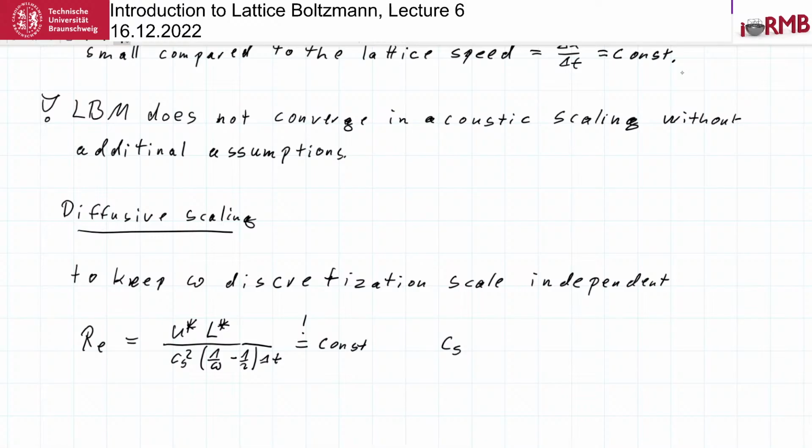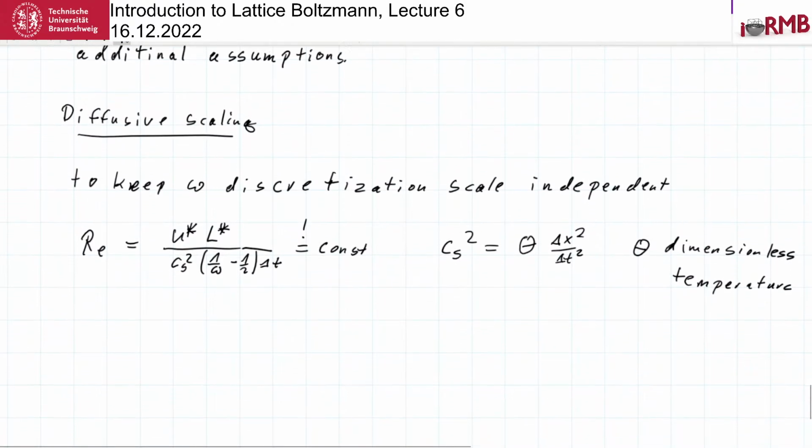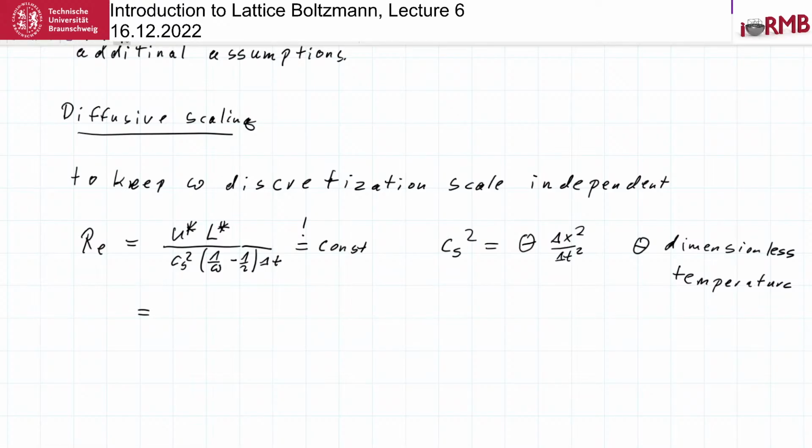Now remember, cs squared is some parameter theta, which we have already derived in a previous lecture, times delta x squared divided by delta t squared, and theta is the dimensionless temperature, which we already know is 1 over 3, but we ignored that we know it. So theta is dimensionless, so this is scale invariant anyway.